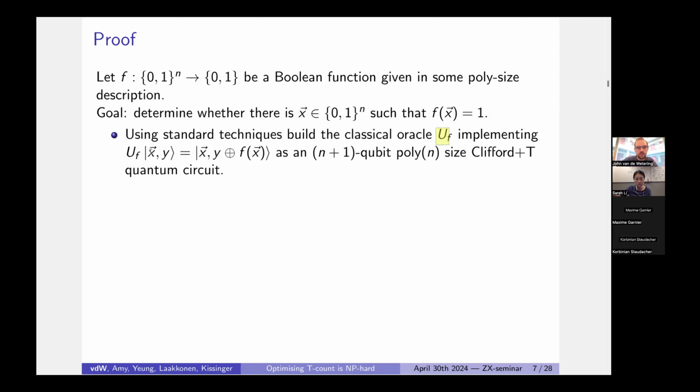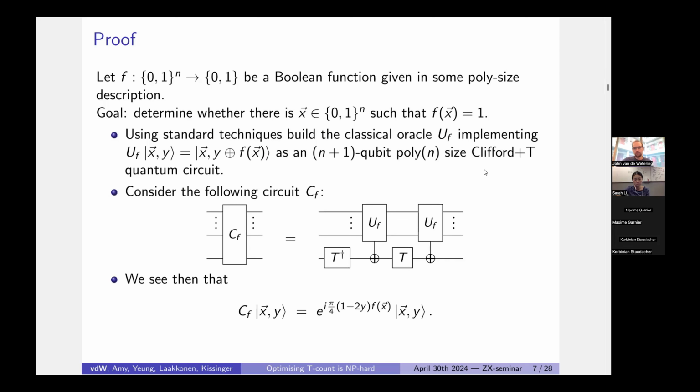This is a quantum circuit that puts the value of f(x) onto a second qubit register. This can be implemented using standard techniques as a poly-size Clifford plus T quantum circuit. Essentially we need to use some ancillas, but this is beside the point. We just use some Toffoli gates and some CNOT gates, and we can encode any Boolean function in this way.